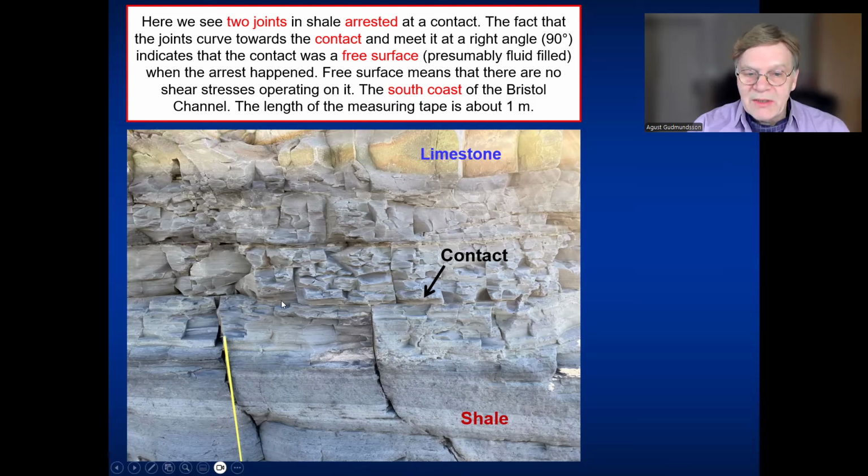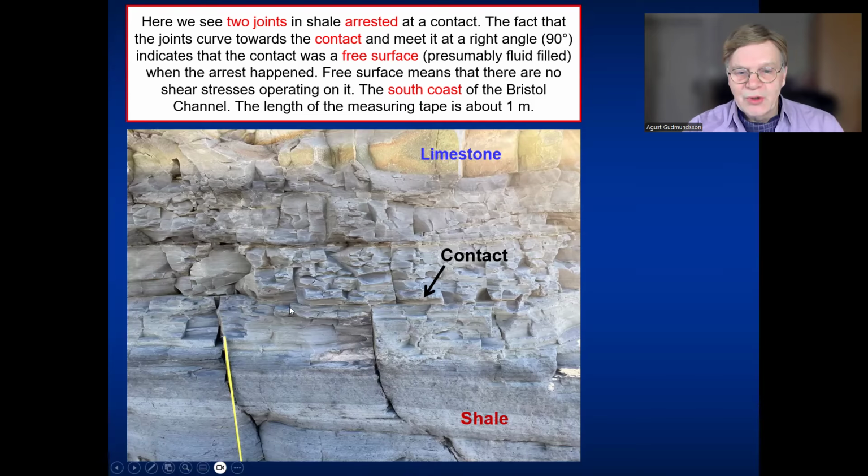Why? Because they meet contacts inside the shale. The mechanical properties of shale can change very much inside a thick shale layer like here. Often, the shale is much stiffer with a higher Young's modulus close to the limestone, and much softer, more compliant, lower Young's modulus in the middle part of the shale.